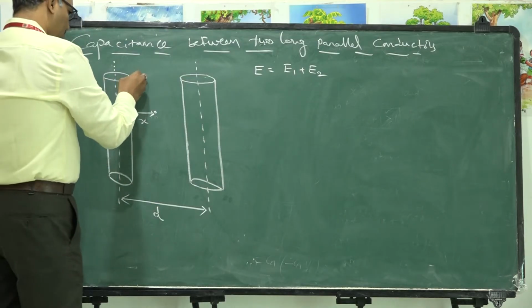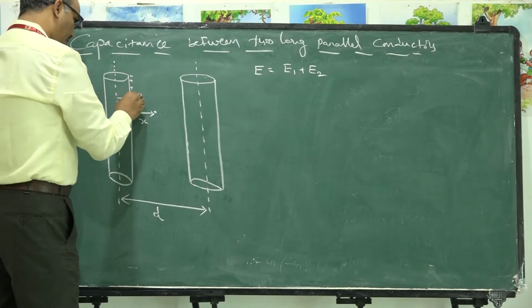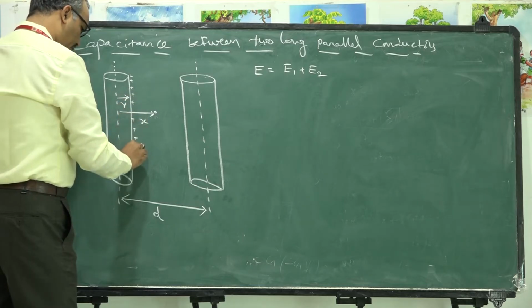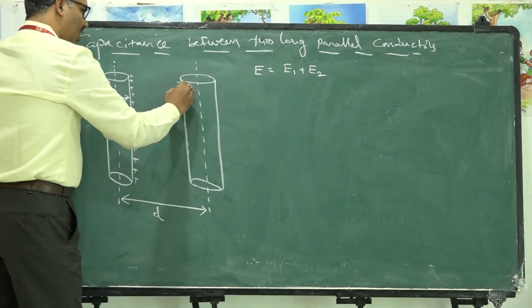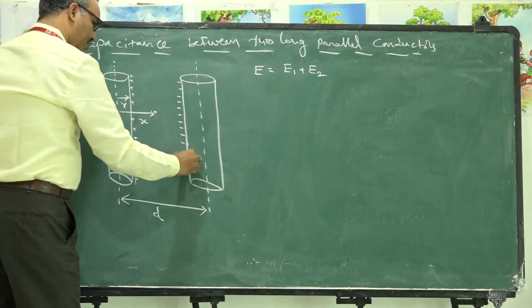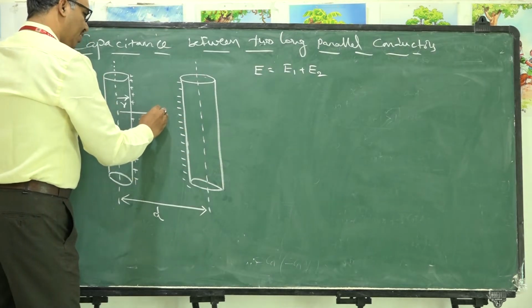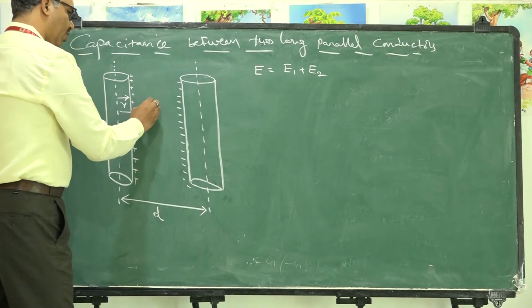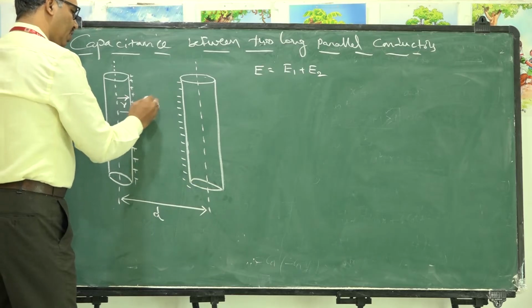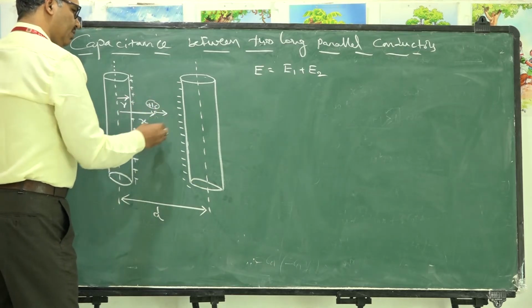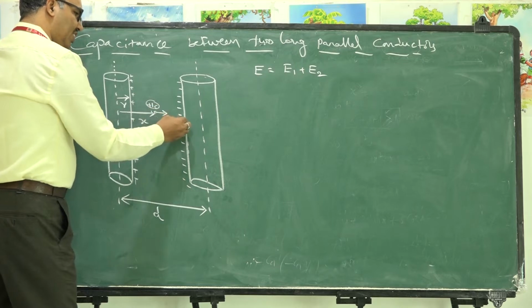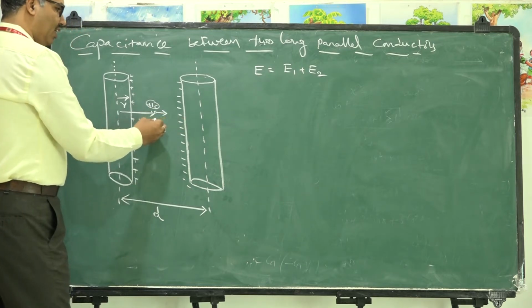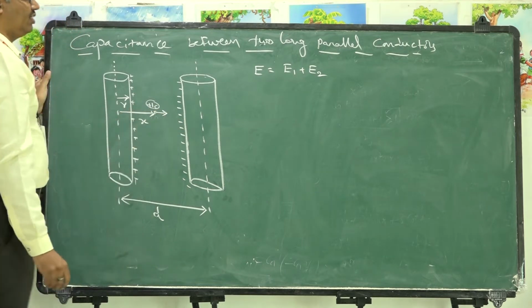As we are given positive charge here, negative charge got induced here. So electric field at this point means if you take 1 coulomb positive charge, it will be repelled by this. The same positive charge is attracted by this. So net electric field is sum of the two electric fields.